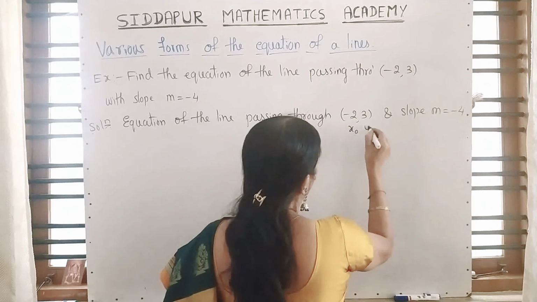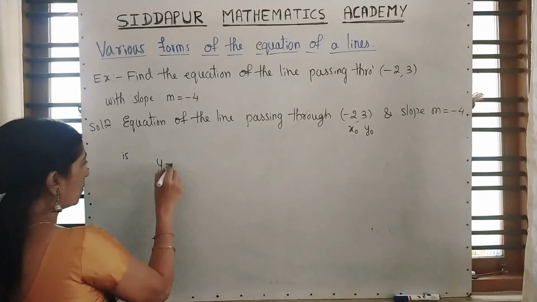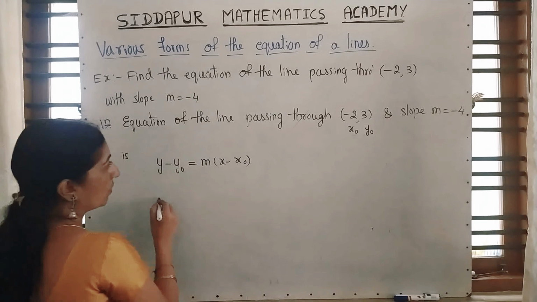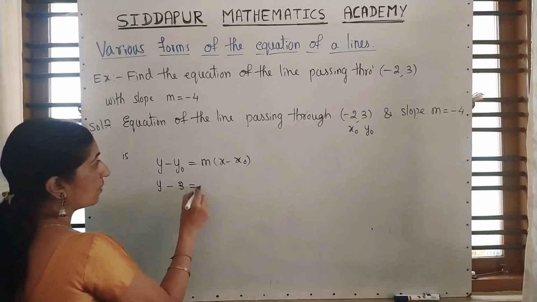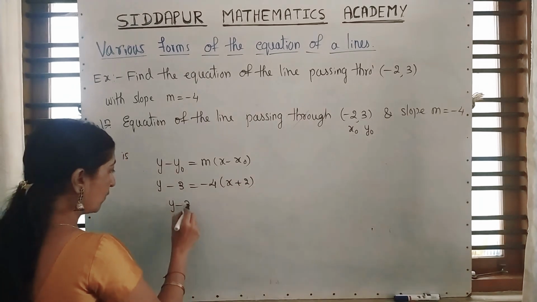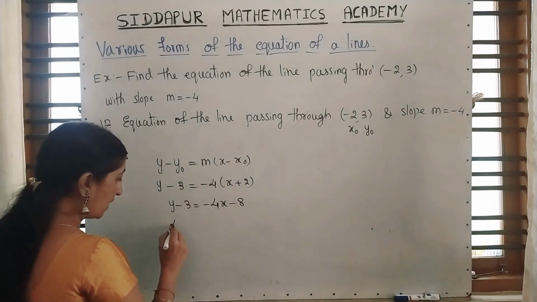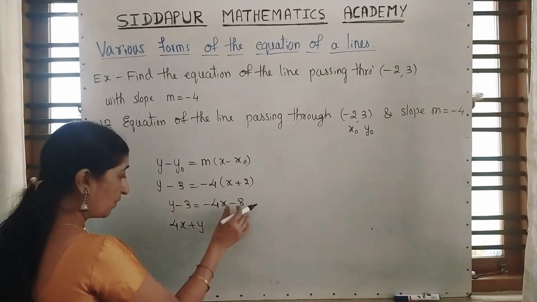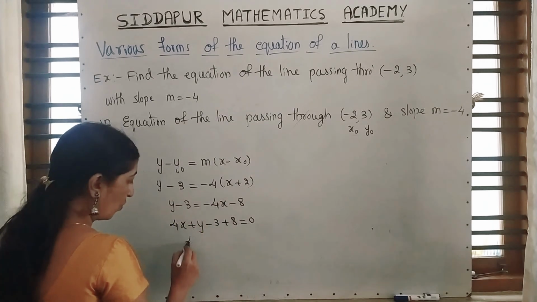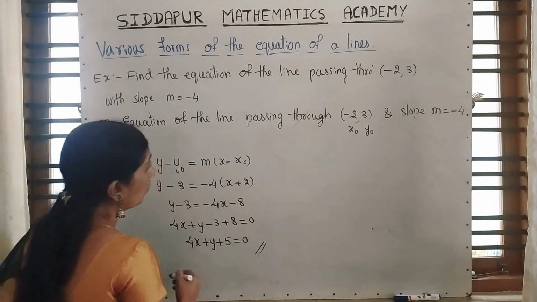Let us take this as (x naught, y naught) and the slope m = -4. It is y - y naught = m(x - x naught). y - 3 = -4(x + 2). y - 3 = -4x - 8. Rewrite this: 4x + y, taking this term on the left side, -3 + 8 = 0, or 4x + y + 5 = 0.